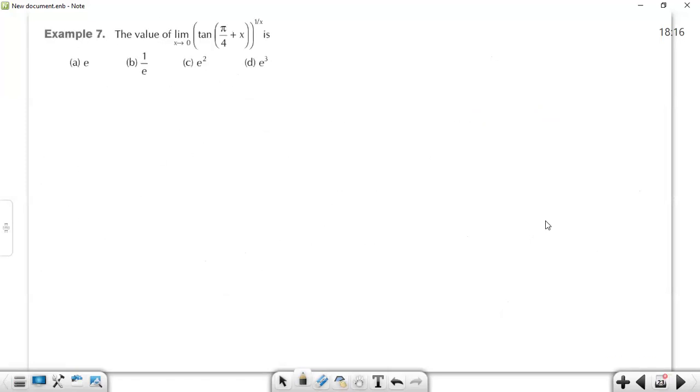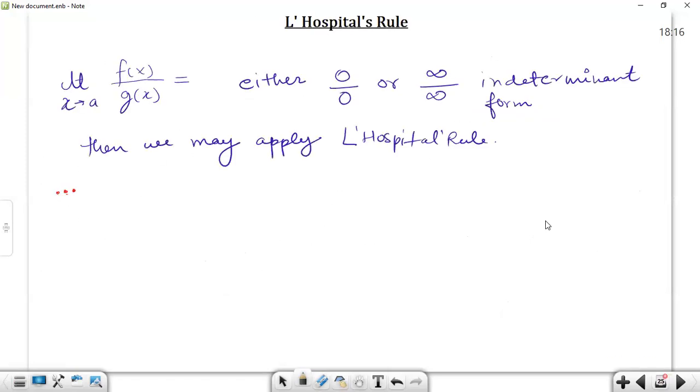So, L'Hospital rule. What L'Hospital rule says is that whenever we are solving functions in fractional form, and they equate to 0 by 0 or infinity by infinity indeterminate form, then we can apply L'Hospital rule in this particular condition.